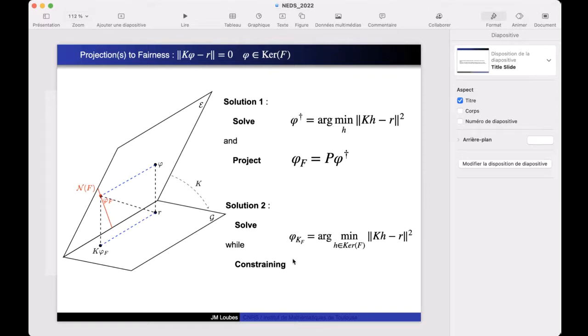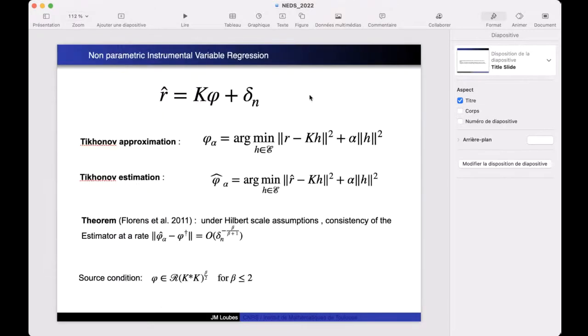My intuition is that we're still going to recover this one because, in this one, we have no control on fairness. If I look at the equation, when I want to enforce fairness in the solution, I'm quite pleased that the fairness is related to the way K acts on the function.